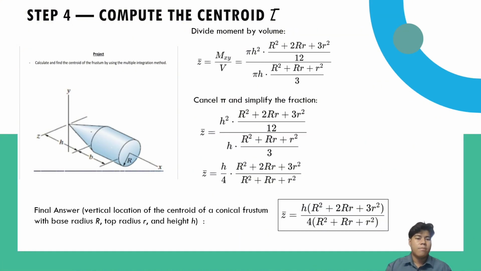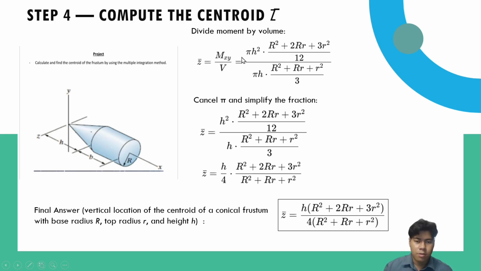Okay, so for the last step, we need to compute the centroid z bar. To find the centroid's vertical position, we need to take the first moment and divide by the volume. So we need to recall what we found in the previous steps. These are the two expressions that we just derived: Mxy equals this equation and V equals this equation.